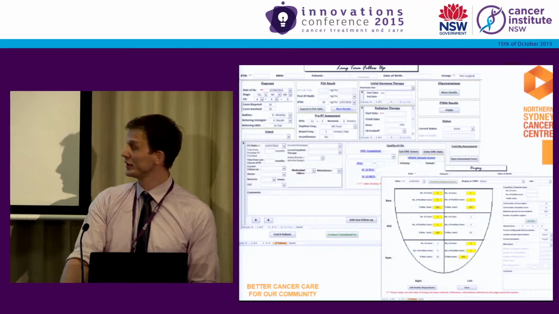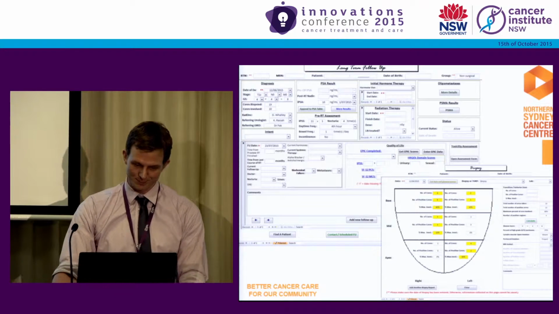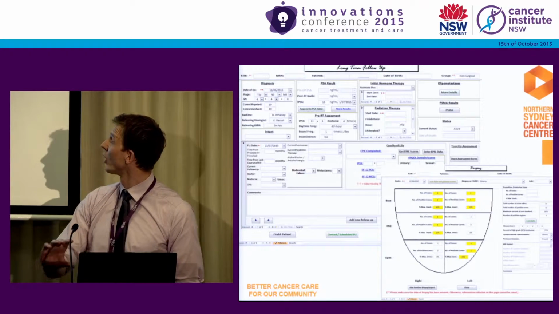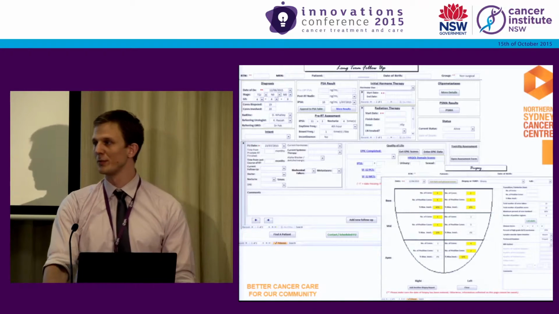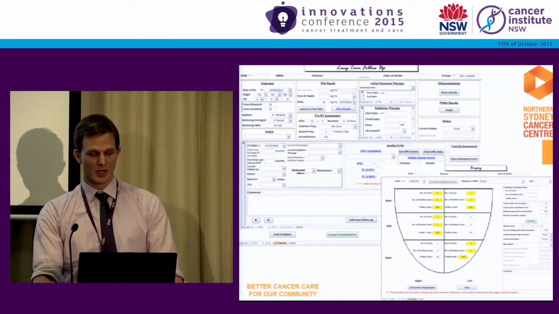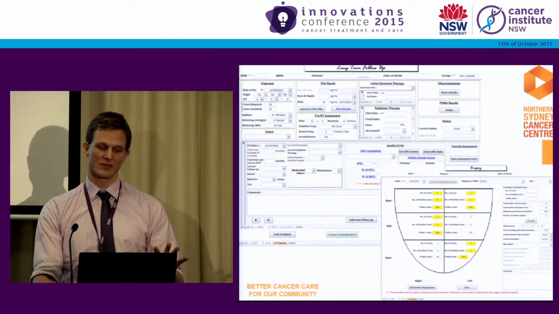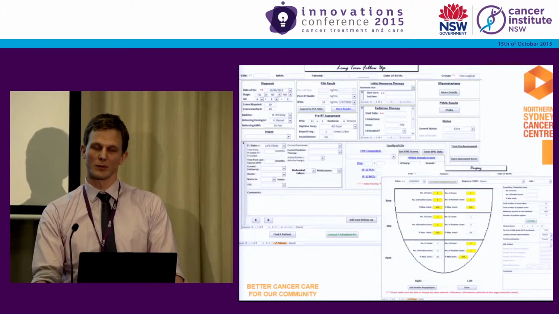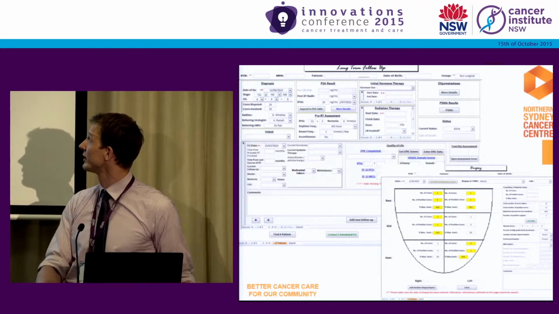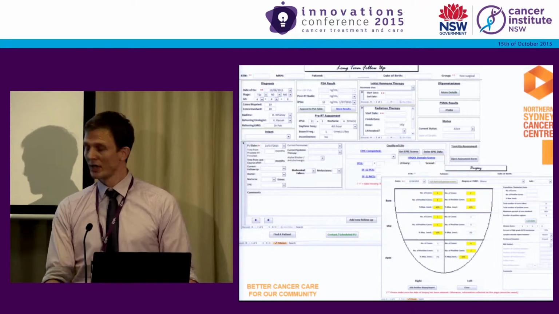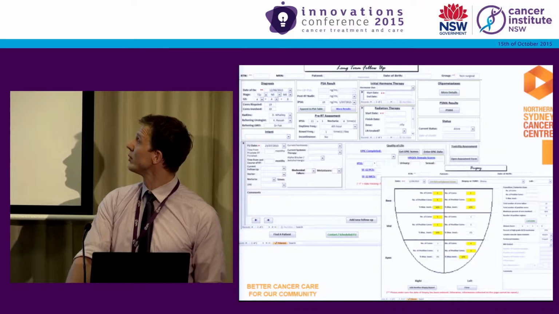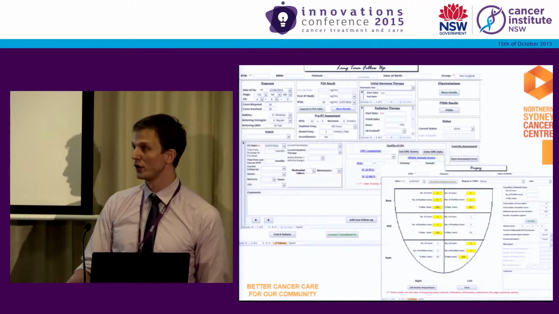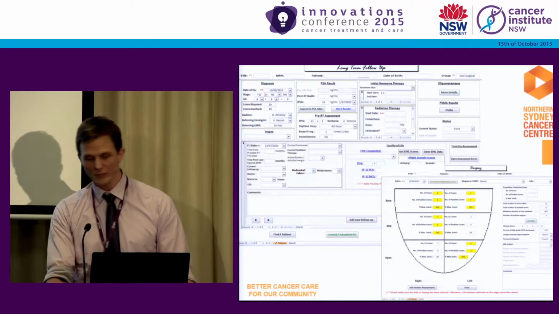The top screenshot shows the follow-up screen with, in the top section, information about the patient's cancer and the treatments so far. The data in this part is usually collected in previous visits. And then in the bottom section, there are data entry fields that are filled out during each follow-up visit.